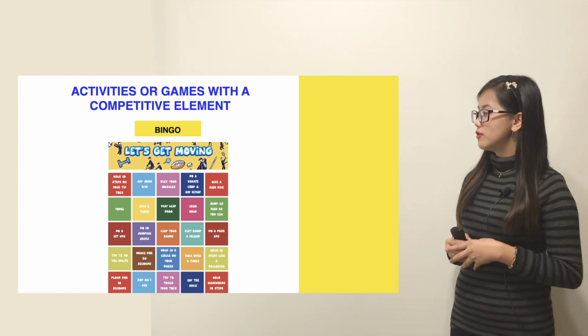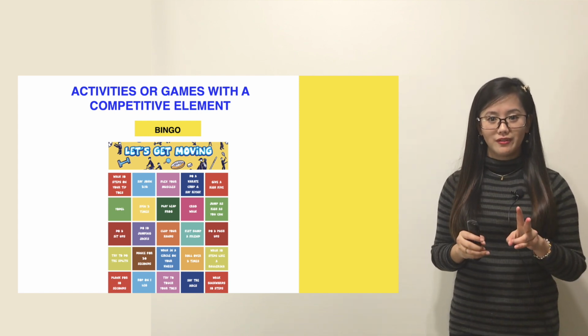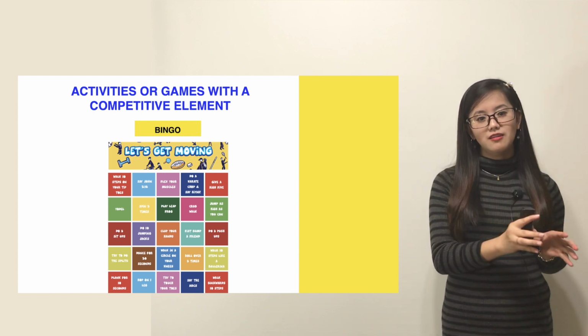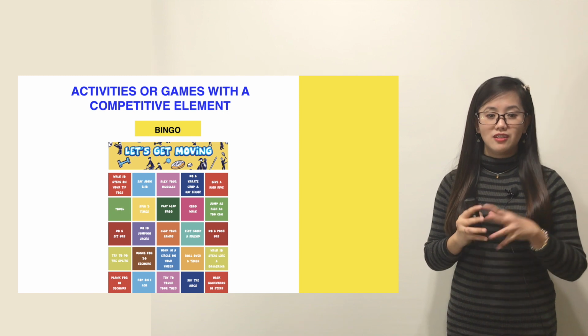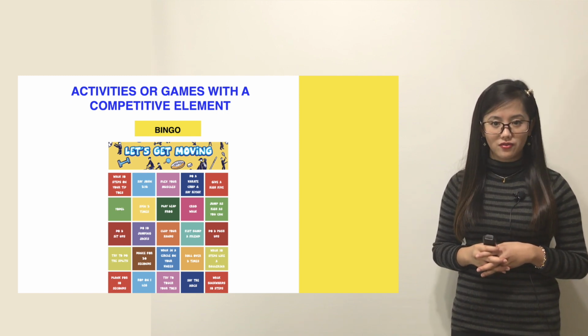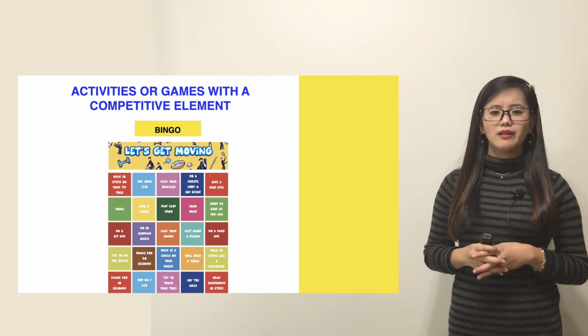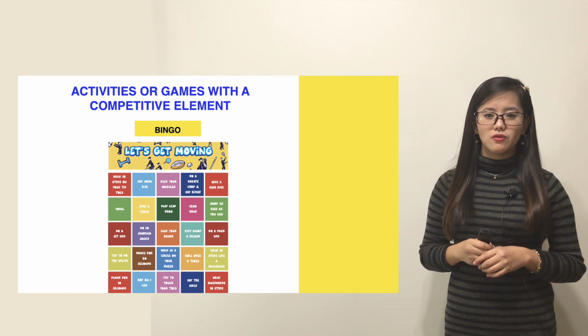So what you have to do here is split the class into two teams, Team A and Team B. Each team discusses possible questions to match the answers. There are likely to be a range of possible correct questions.